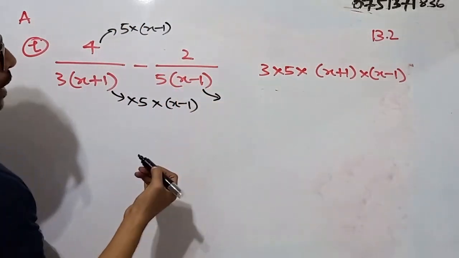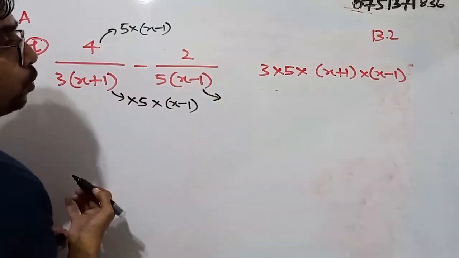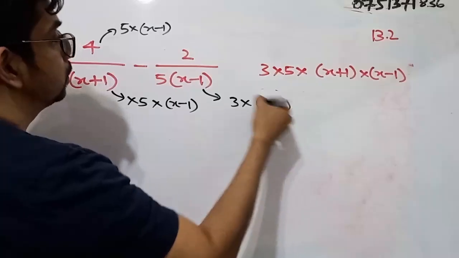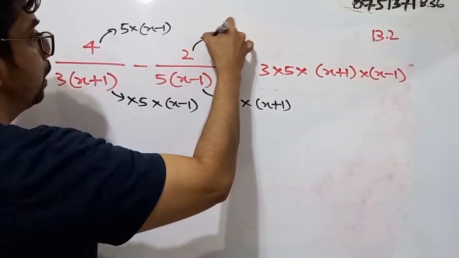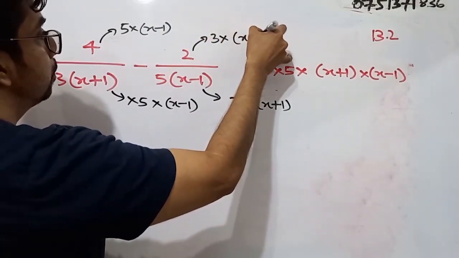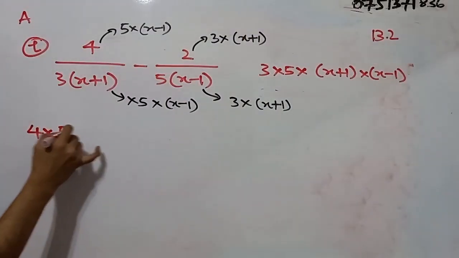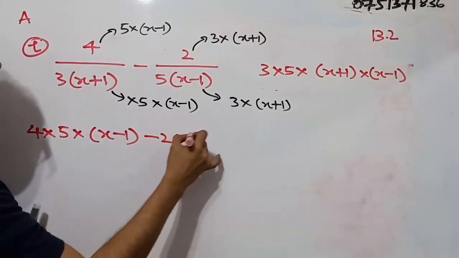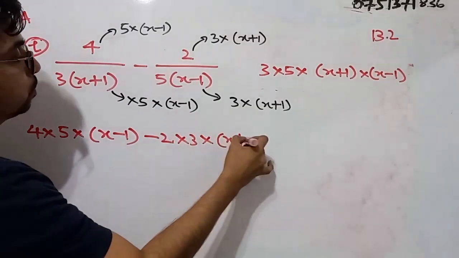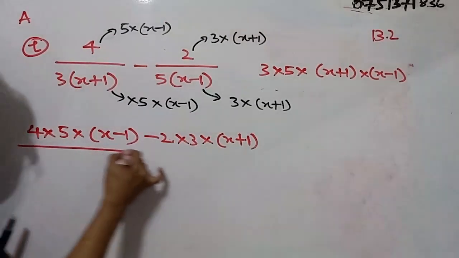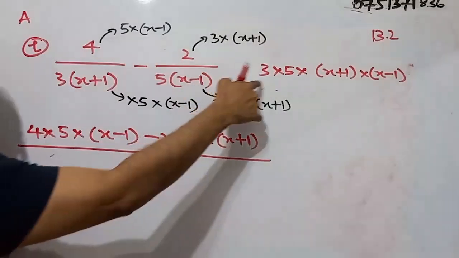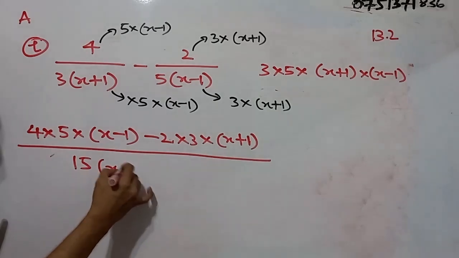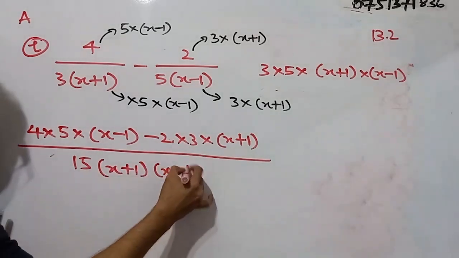So the other denominator, this one should be multiplied by what? 3 into x plus 1. So this should be multiplied by 3 into x plus 1. So 4 into 5 into x minus 1 minus 2 into 3 into x plus 1. Then the entire expression needs to be divided by what? 3 into 5, we will write it as 15. 15 into x plus 1 and x minus 1.